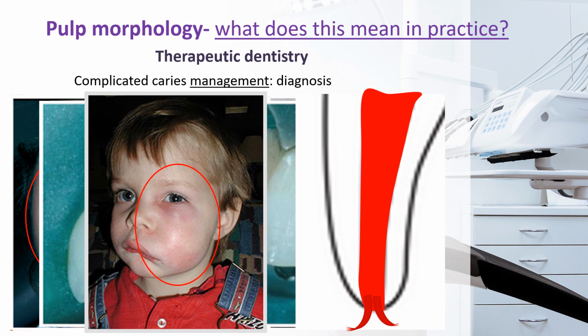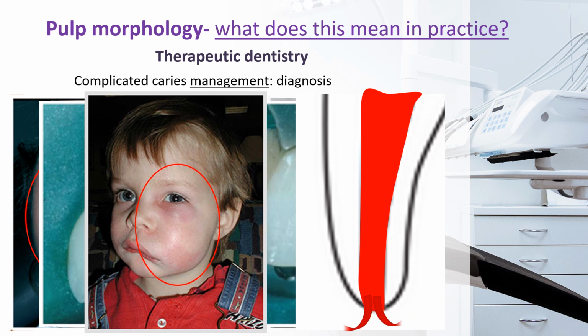And what does it mean? It means that in case of pulpitis, inflammation very easily spreads outside of the root canal through the apical foramen.